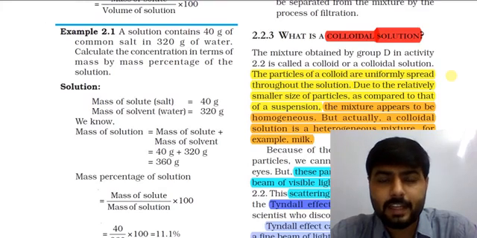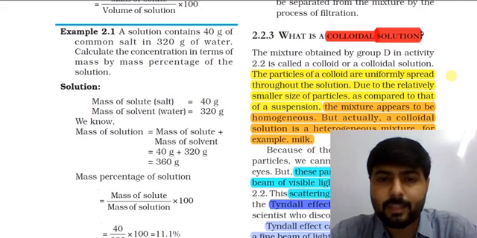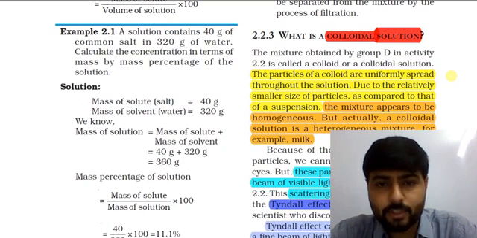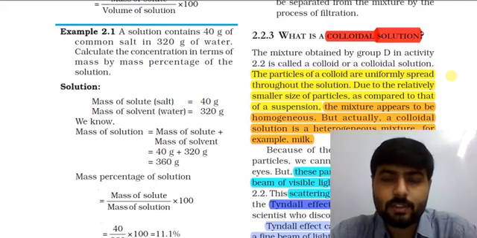We are in chapter number 2, and till now we have discussed what is solution and what is suspension. Before that, we have seen what is pure substance, what is mixture, what are the types of mixture, that is homogeneous, heterogeneous.